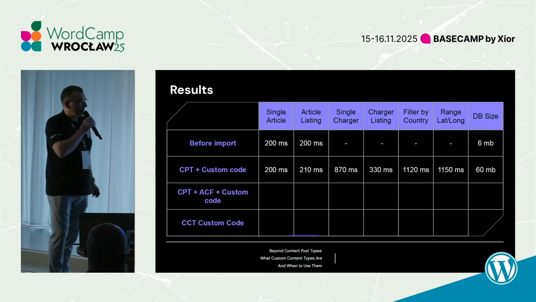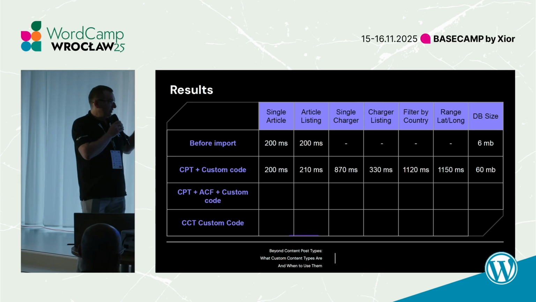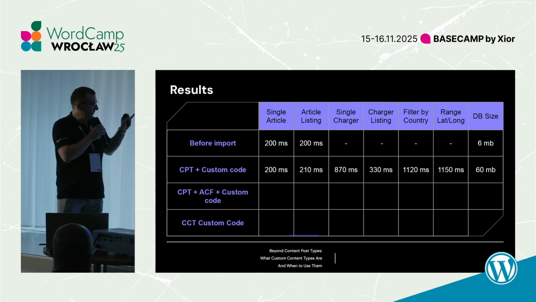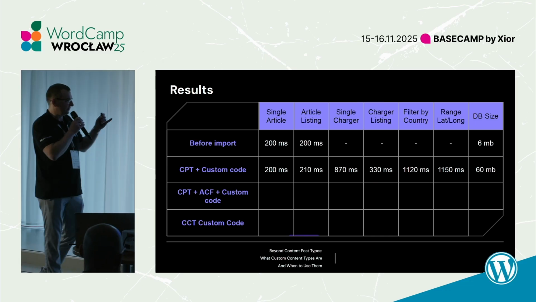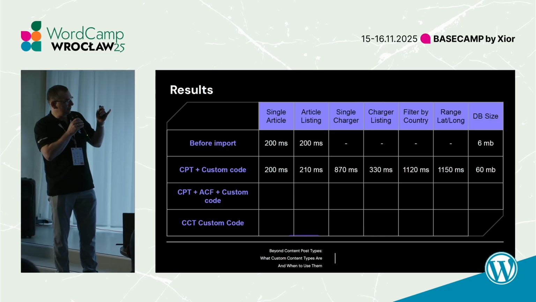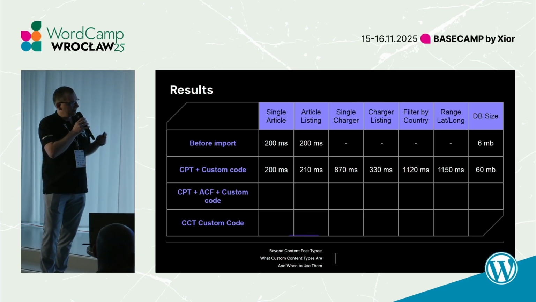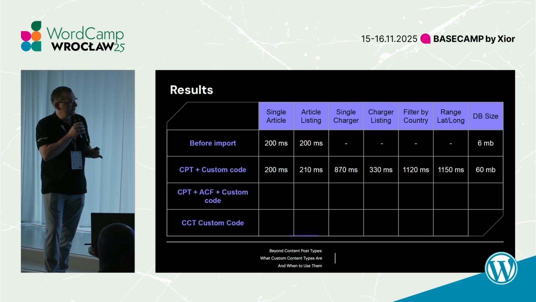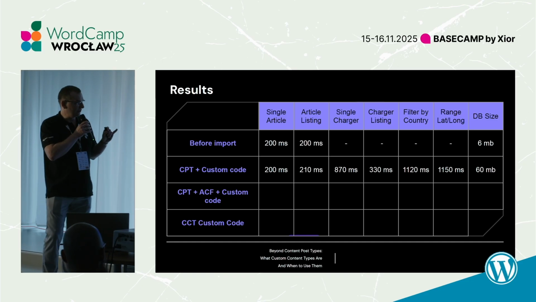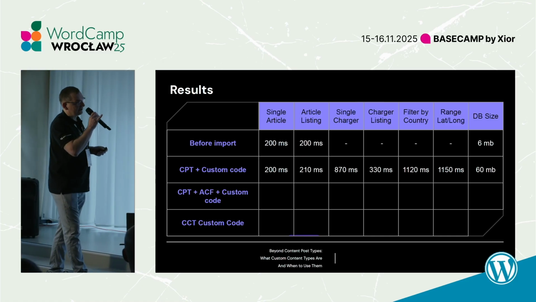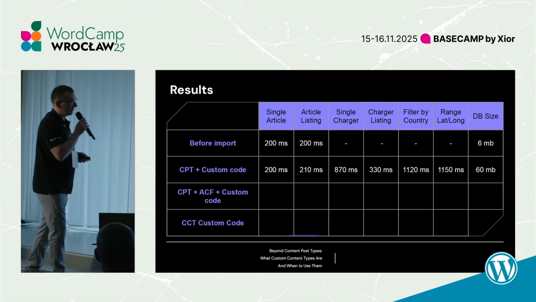So first surprise for me, even with so many posts imported, there was no visual impact on the single post and listing. But when I started measuring the single charger and charger listing, it was much slower, and filtering much slower, as you can see. The database grew to 60 megabytes.